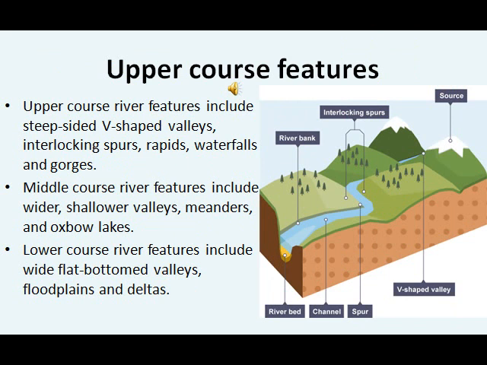Upper course river features include steep-sided V-shaped valleys, interlocking spurs, rapids, waterfalls and gorges. Middle course river features include wider shallower valleys, meanders and oxbow lakes. Lower course river features include wide flat bottom valleys, flood plains and deltas.